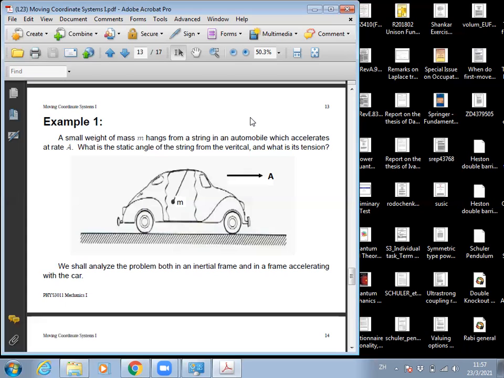So we go to the uniformly accelerating frame and draw the force diagram. Very good. Then what's next?